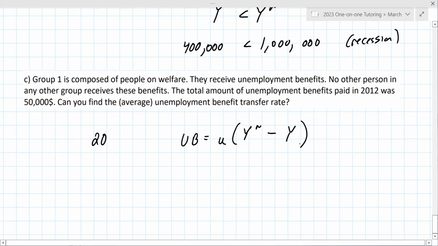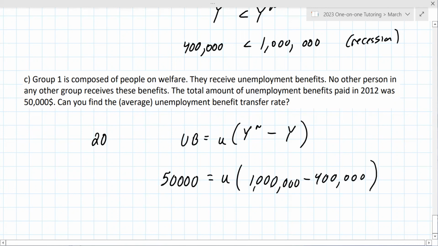And we have those numbers now: $50,000 for UB, and then 1 million minus 400,000. Let me just check that. Got it. Then we're just solving for U, and you end up finding U is 8.33%.